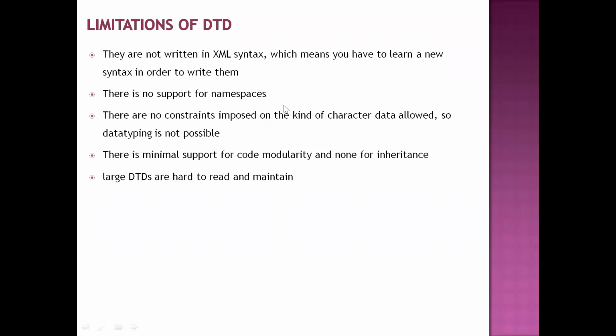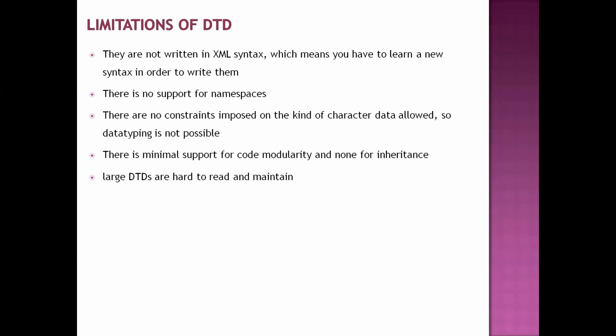Another drawback is here there is no support for namespaces. So there is no concept of reusing some of the elements in other files. And next one is here it is impossible to provide the constraints on the elements. Okay, so here we can specify that this particular element can appear one time or more times or 0 times, like that by using qualifiers.